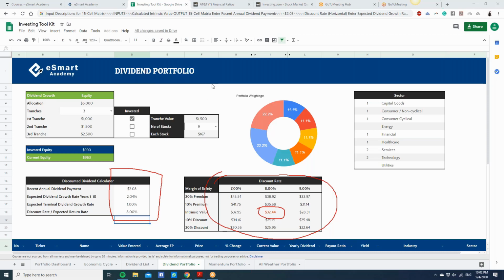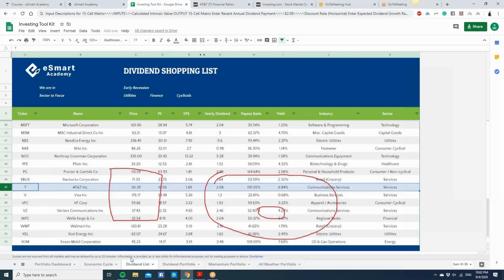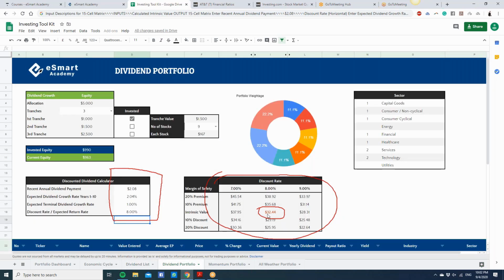So why do I use AT&T? Because it's a good reference to share with you right now. If we go back to the AT&T price list, you can see the price is now trading at $30.39, and based on the model we calculated, the fair value is $32.44. Right now it's trading at $30, somewhere here, which means we are at a 10% discount.